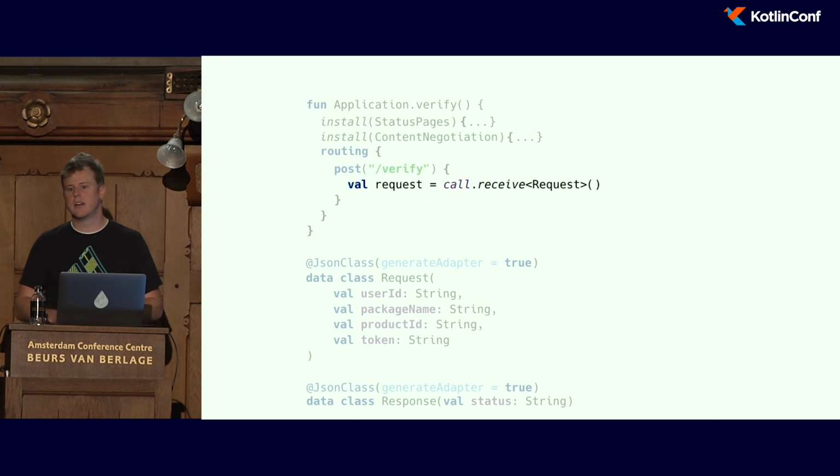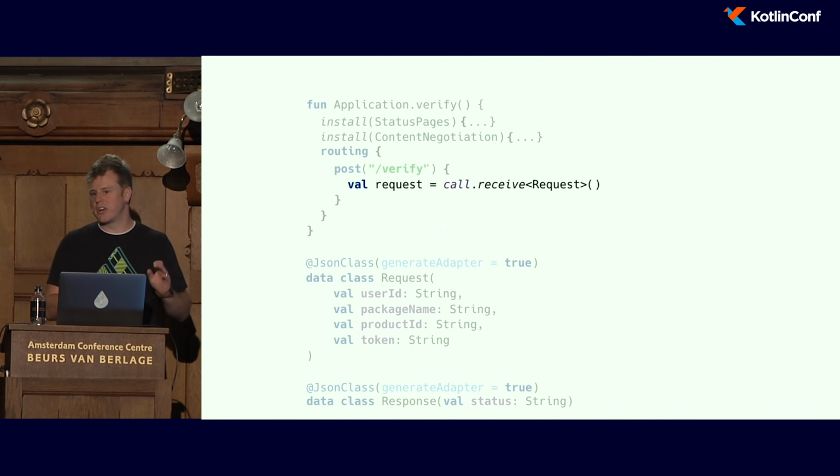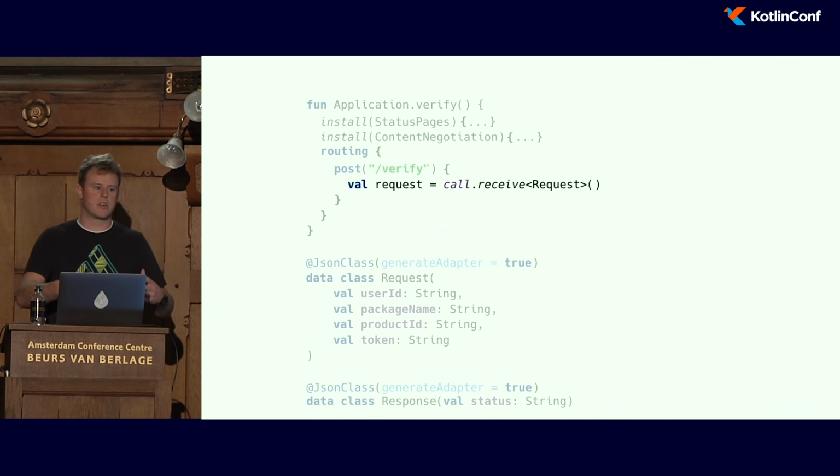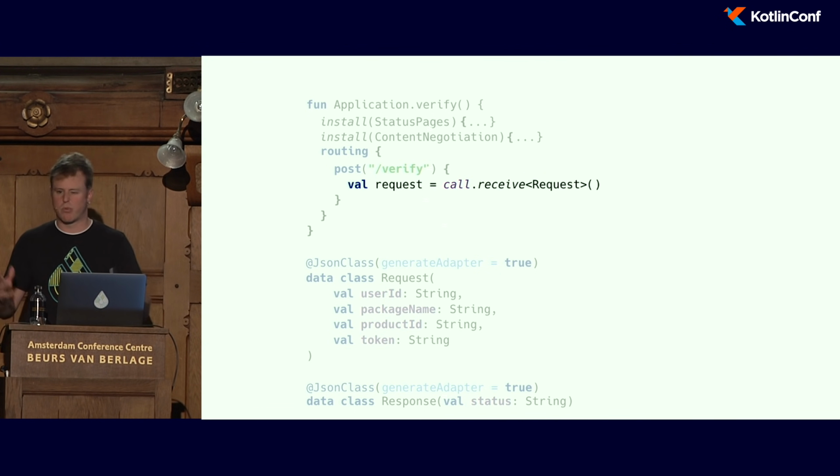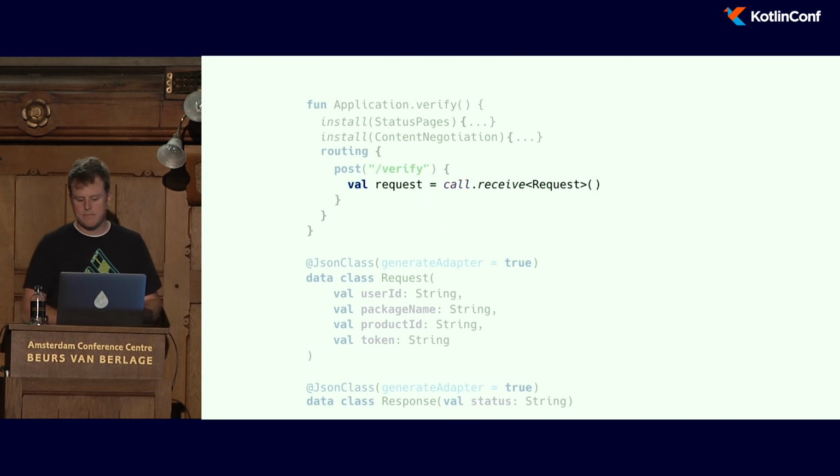But if you remember, earlier we set up status pages, and so the server is automatically going to handle that exception and return an internal server error with the message of that exception. In development, that's exactly what we want. We want to share the internals of our system. In production, we might change that to be a generic, something went wrong, we'll look into it message.